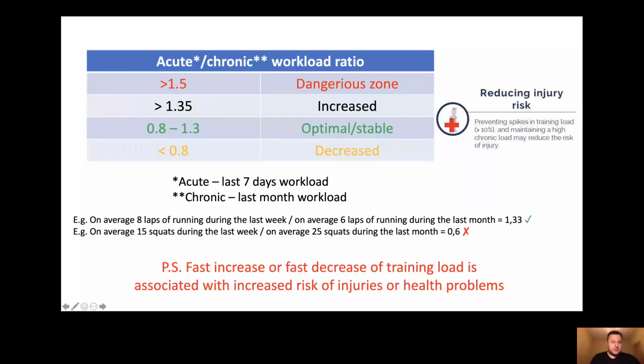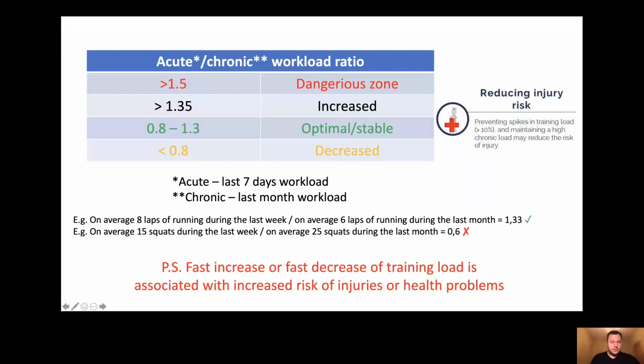Is it enough, or maybe let's move on to 10, for example. So 8 is very good because the ratio is 1.33, which tells us it's optimal and stable, but it's coming maybe to the limit of increasing. So you are doing it properly and not too fast.